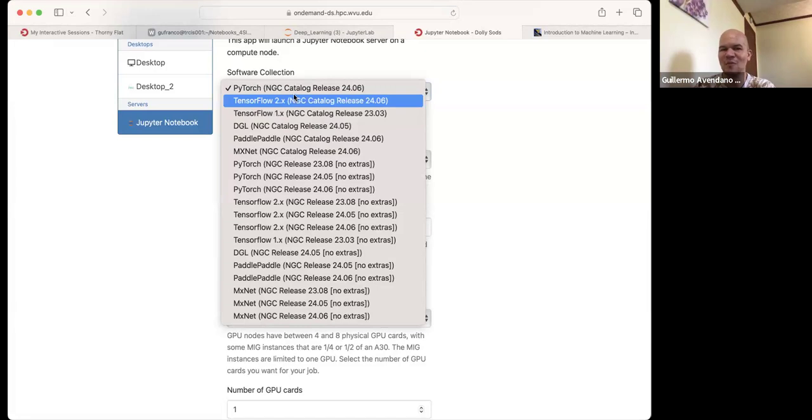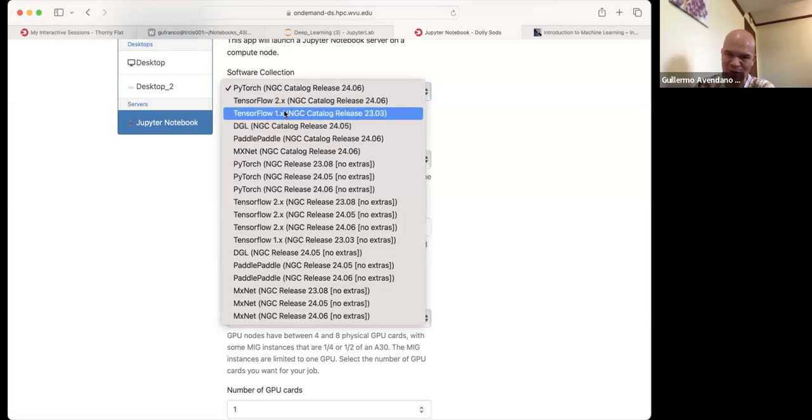So it's not backward compatible. At some point in the future, in a couple of years maybe, I will be suppressing TensorFlow 1 entirely, the same as I suppressed Python 2.